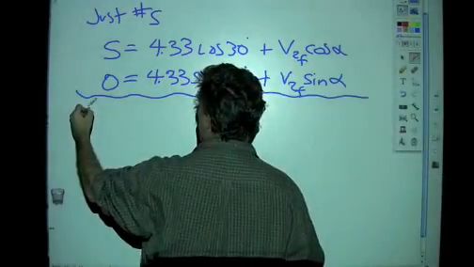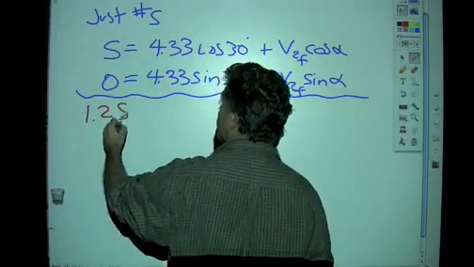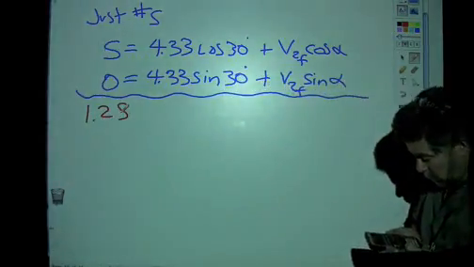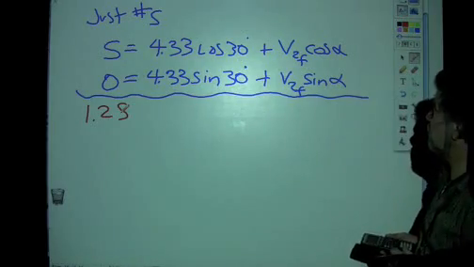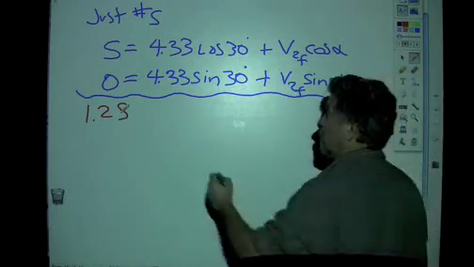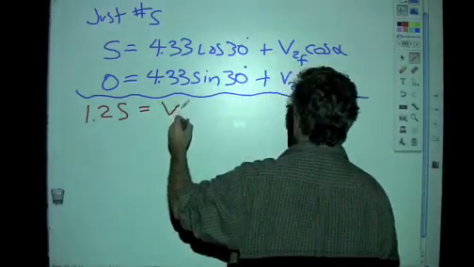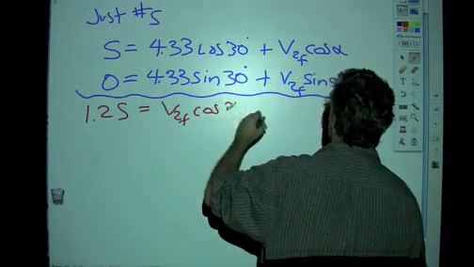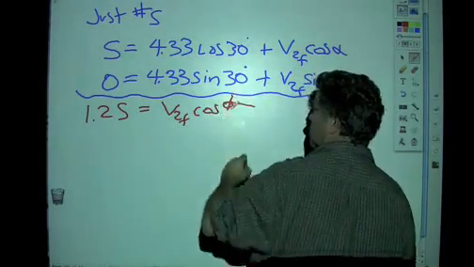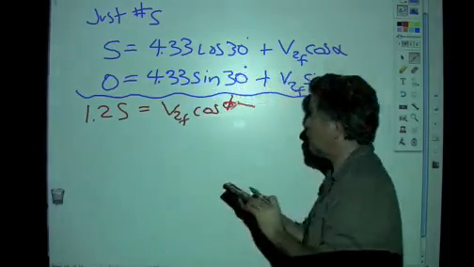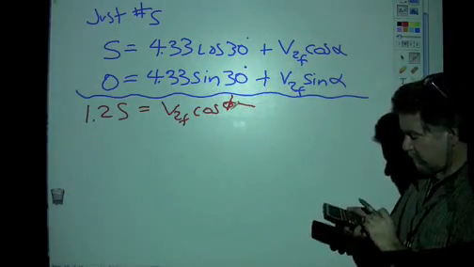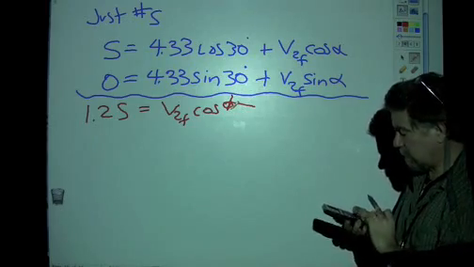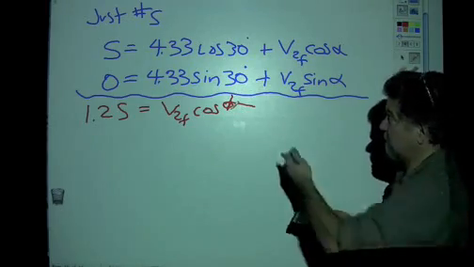So I got 1.25. We're going to bring it over and subtract from 5. Get an amen on that. Are we agreeing? 1.25 equals V2 final cosine of alpha. And on this one down here, make sure I'm in degrees.